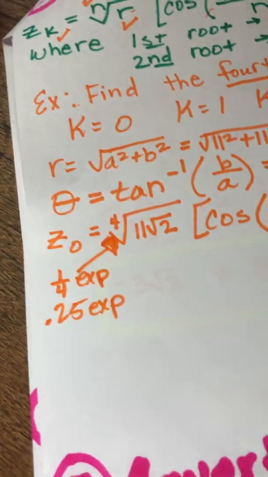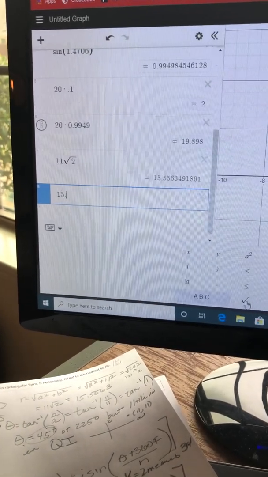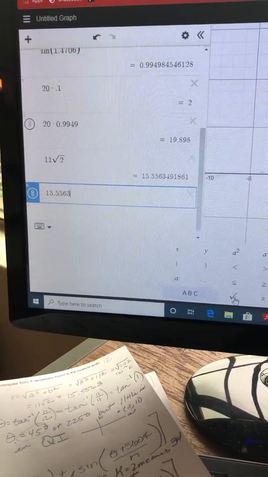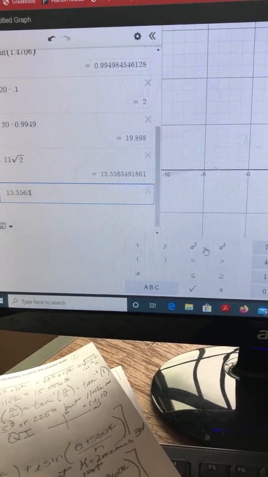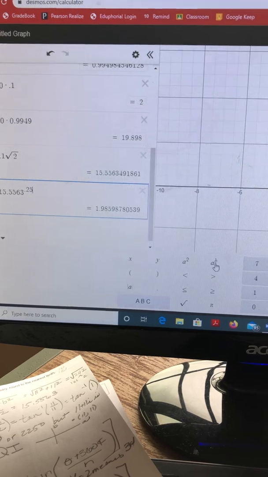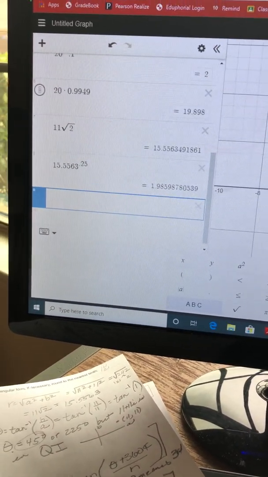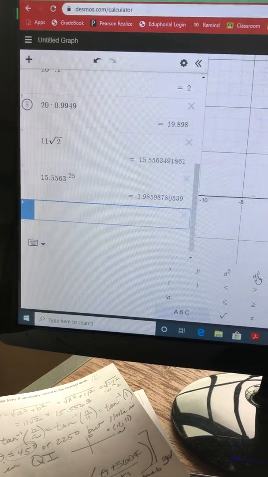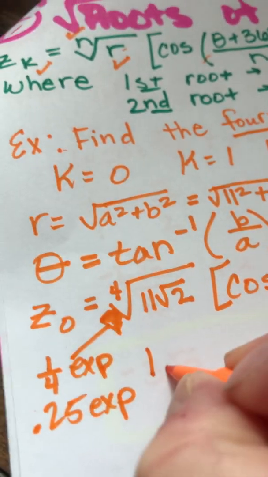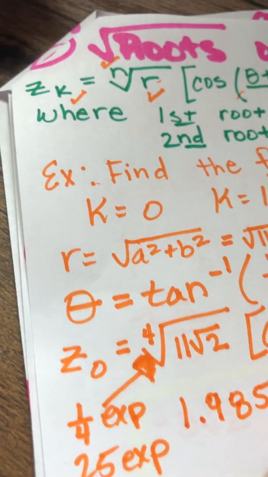But fourth root. So I'm going to take that 15.5563, and I'm going to raise it to the 1/4 or 0.25 because I don't have a fancy calculator, and I get 1.9859.